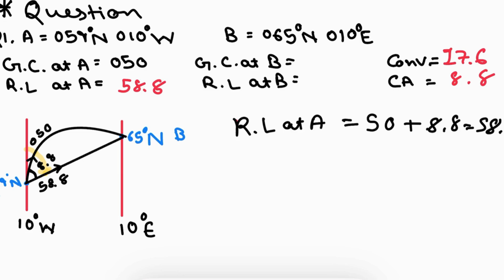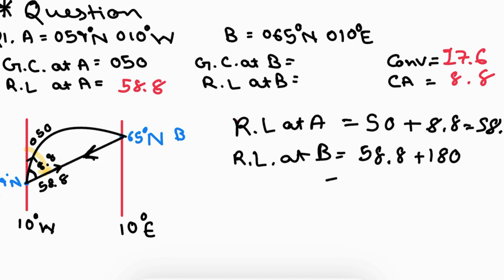Now the rhumb line at B we can find out how. So the rhumb line at A is 180 degrees to the rhumb line at B. So 58.8 plus 180 degrees is 238.8. So the rhumb line at B, this is 238.8.